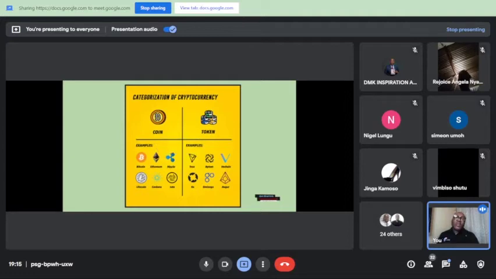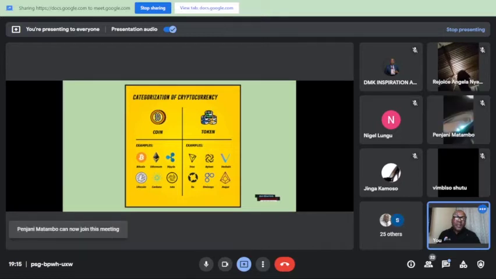The main categories of tokens: utility tokens, commodity tokens, and security tokens. So let's look at the first one, utility tokens. A utility token is a token that serves some use case within an ecosystem.